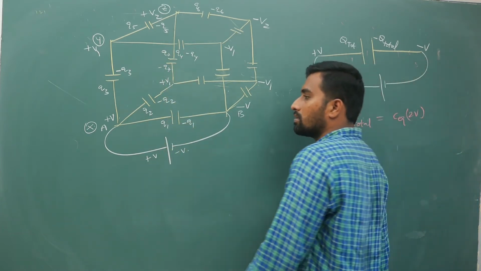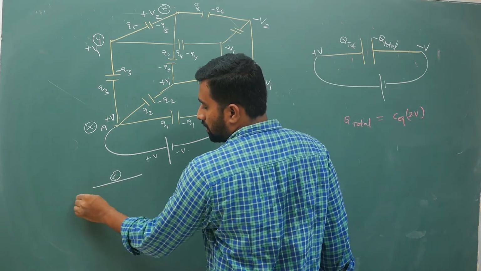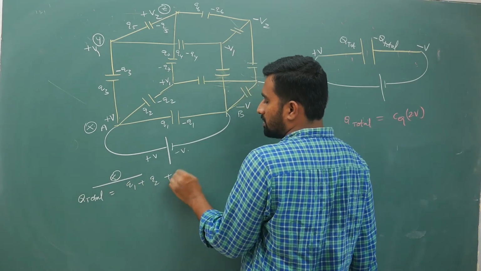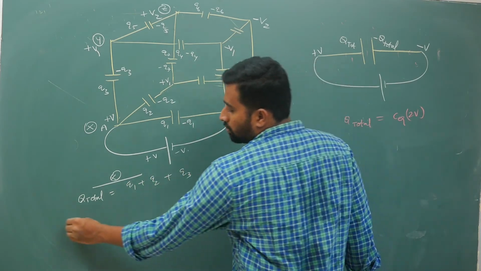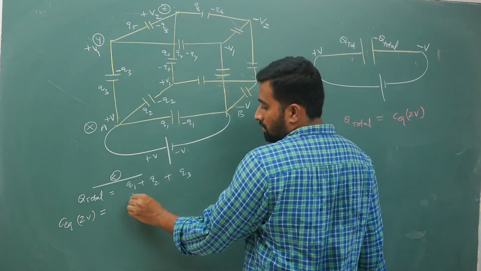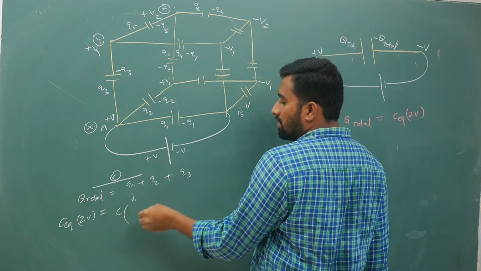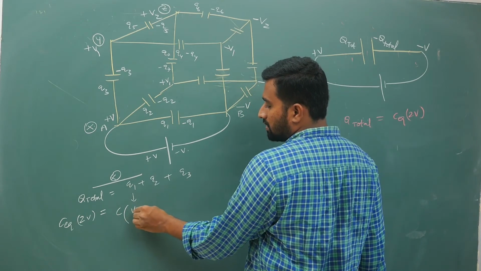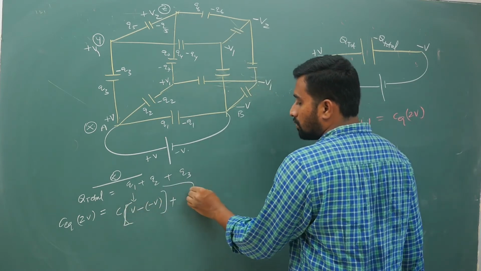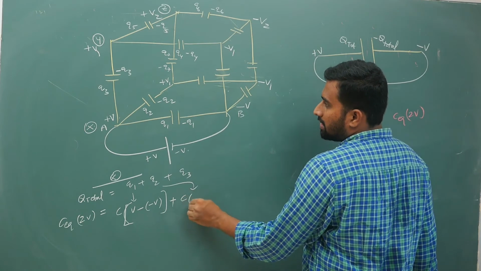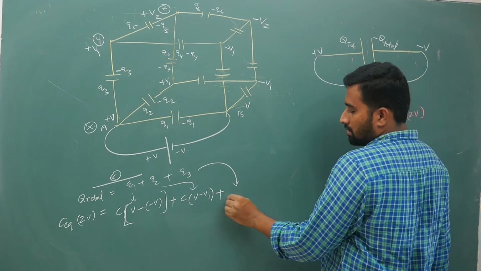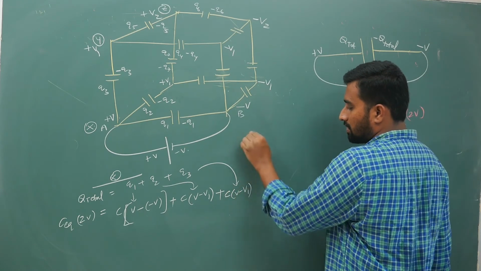So first, node X: your Q total is equal to Q1 plus Q2 plus Q3. So your total charge is C equivalent into 2V, equal to Q1, that is C times V minus of minus V, which gives V plus V actually, plus Q2 is C times V minus V1, plus Q3 is C times V minus V1.